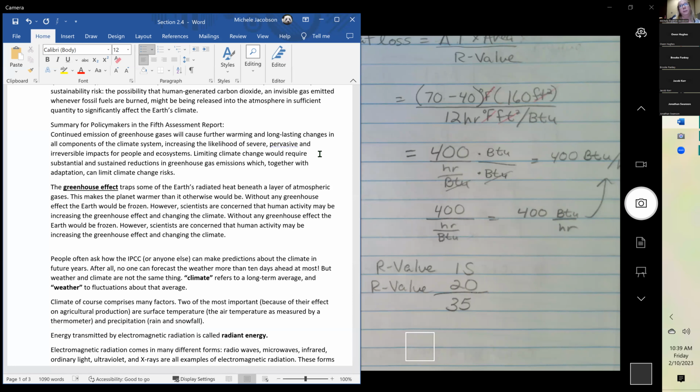Now, in some of the problems we're going to do, we need the greenhouse effect because that holds in the heat, but we can't overdo it or we won't survive. Without the greenhouse effect, we also would not survive because it would be so cold. And that's what you'll learn in this section.